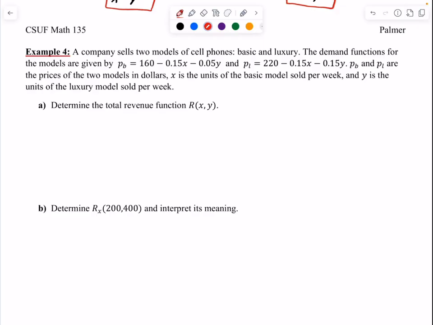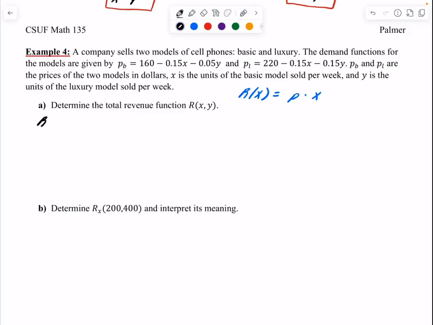They are asking us to determine the total revenue function. Now, in the past, when we were asked to find the revenue function, it was only in one variable, so we always just did price times x. When we have two variables, it's very similar, but we can't forget about the fact that we have another variable.